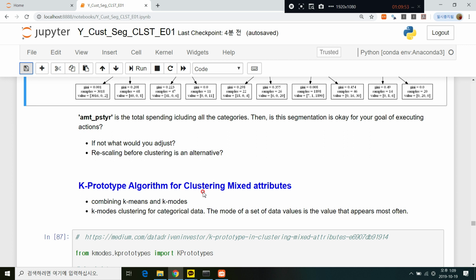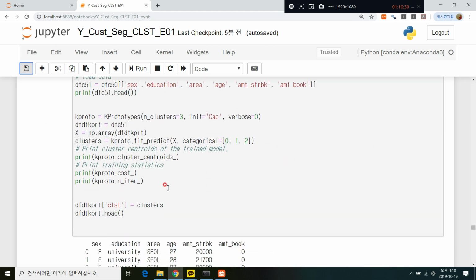While using K-prototype, you never have to exclude categorical variables, or encode and transform the categorical variables to numeric ones. That is a great advantage. Anyway, if you apply this technique, you'll get a different answer from clustering. Okay? Clustering mixed attributes using K-prototype algorithms is here.